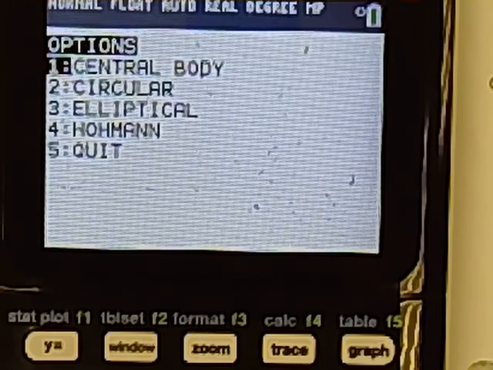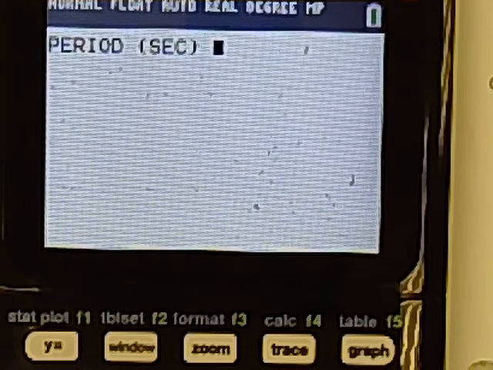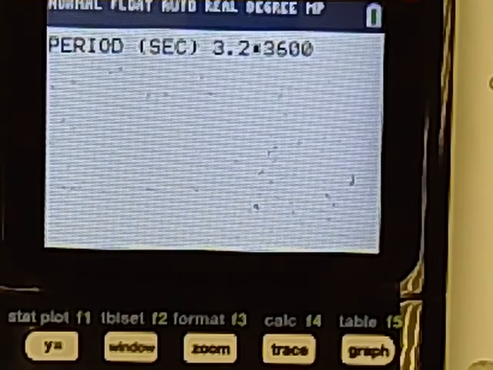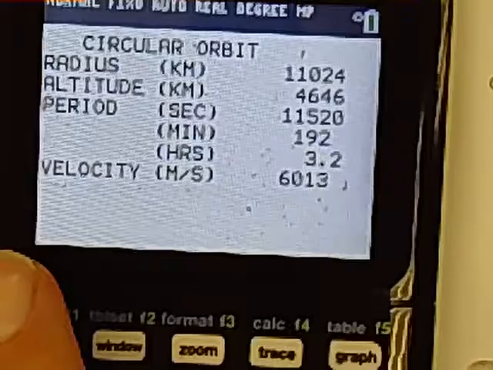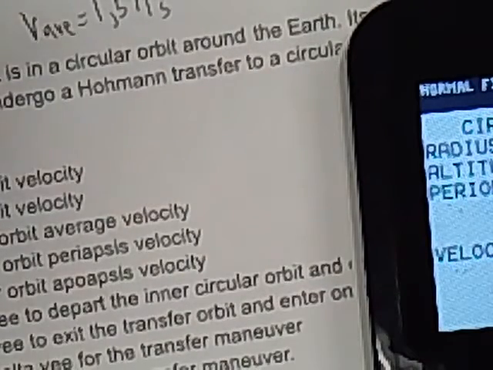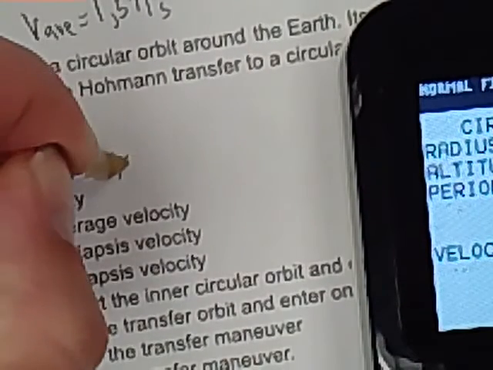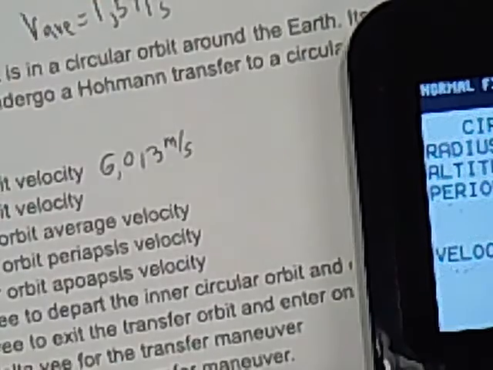So first I'm going to do a circular orbit with a period of 3.2 hours. Of course, there are 3,600 seconds in an hour, so I need to put 3.2 times 3,600 seconds per hour, and here is the answer to part A. The inner orbit velocity is 6,013 meters per second.